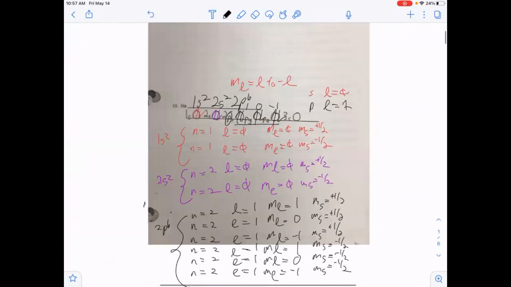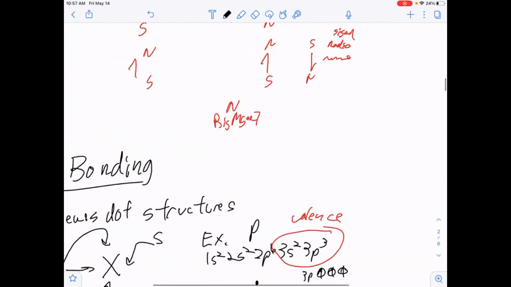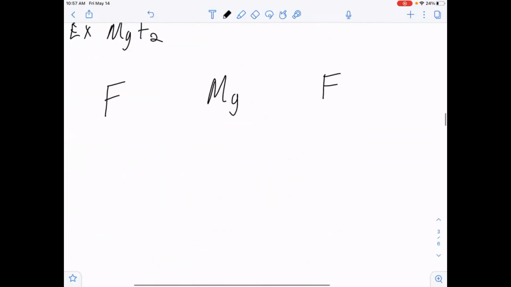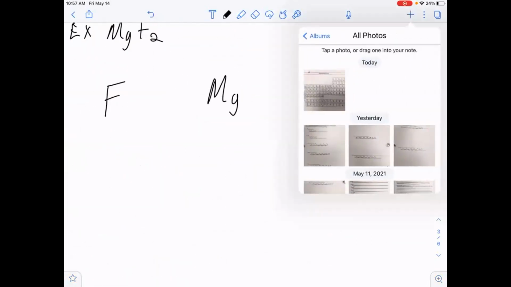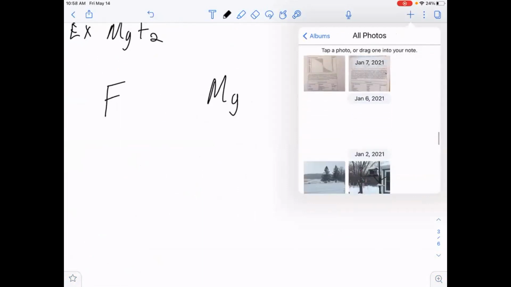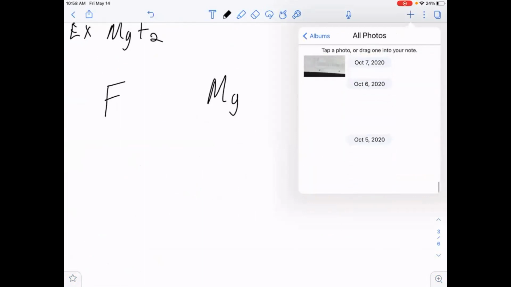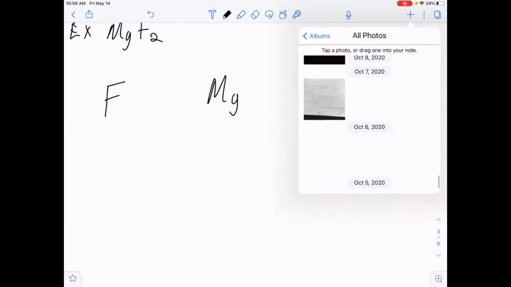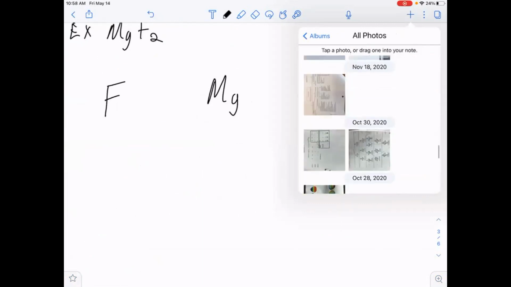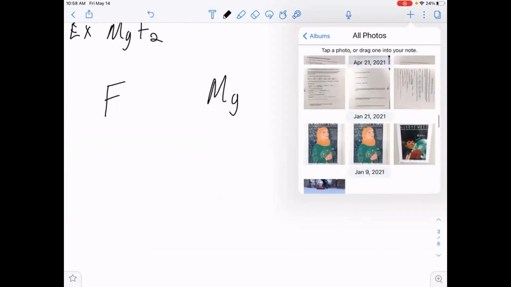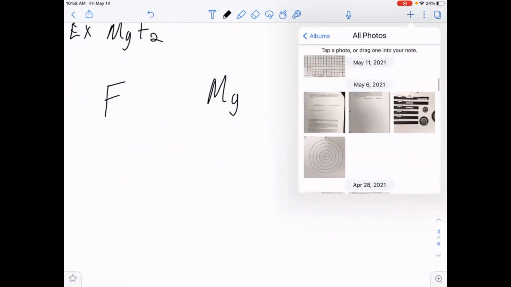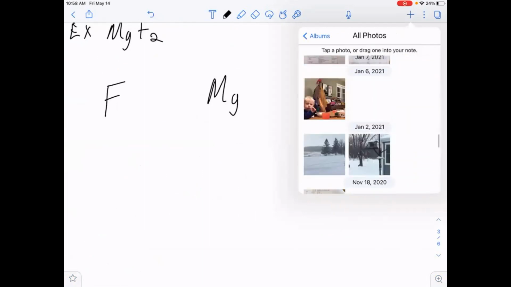Where's my periodic table? That's my son.